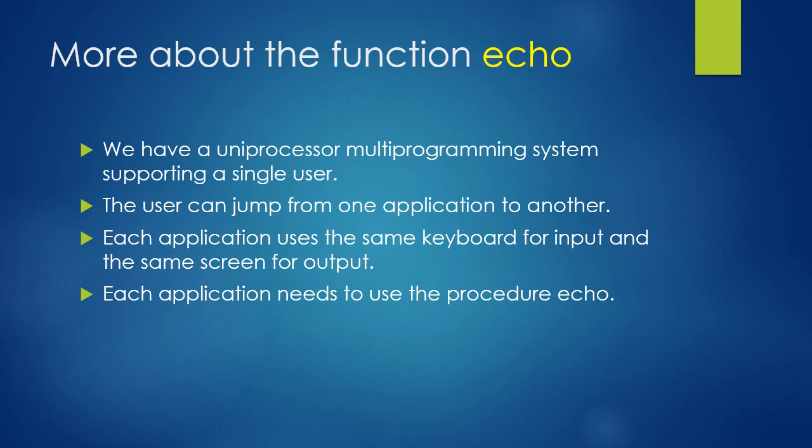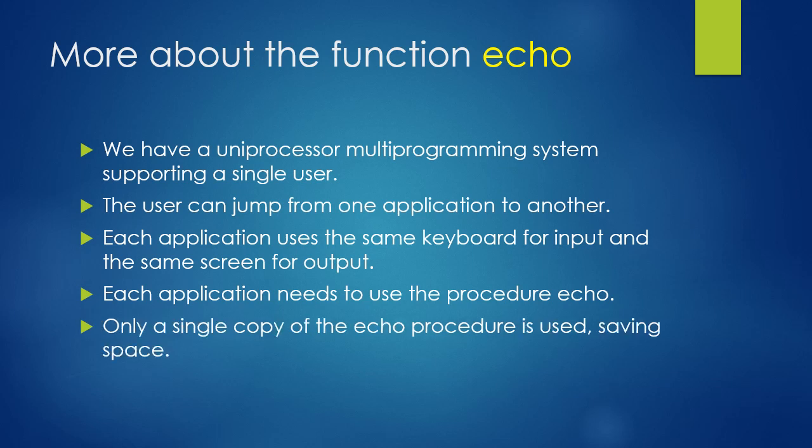Because each application needs to use the procedure echo, it makes sense for it to be a shared procedure that is loaded into a portion of memory global to all applications. Thus, only a single copy of the echo procedure is used, saving space. However, such sharing of memory can lead to problems.